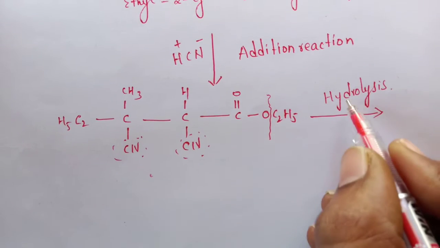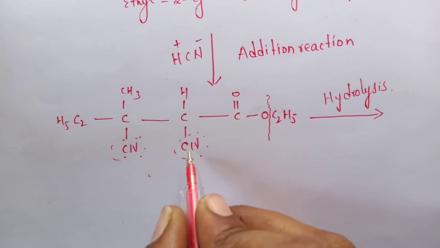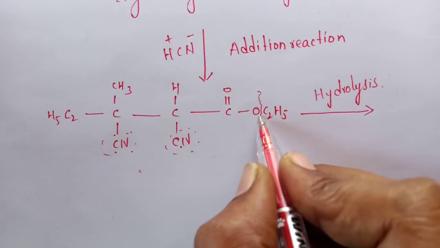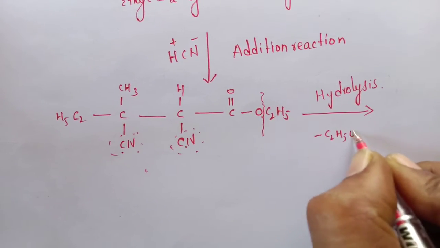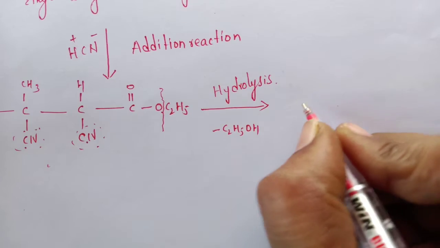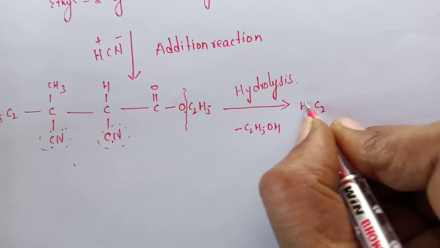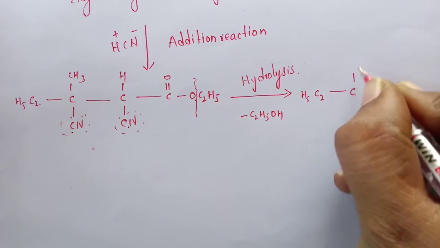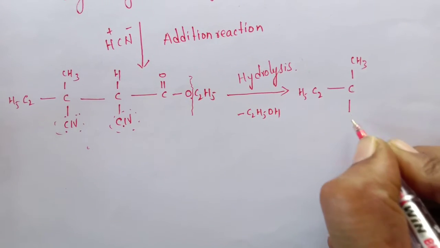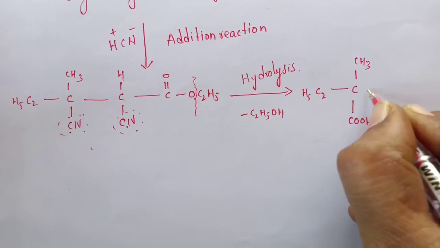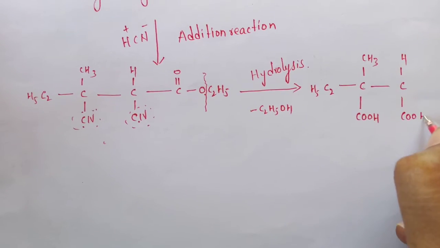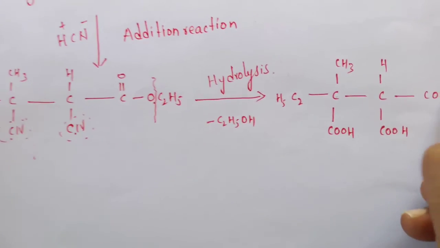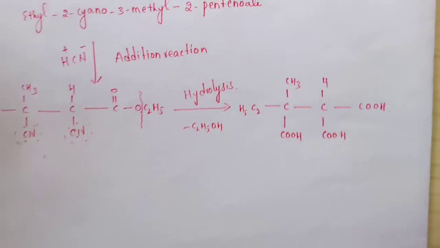So by the hydrolysis step both cyanides are converted into acids, and the ester is also converted into an acid with the loss of an alcohol. Finally it gives a molecule C2H5 CH3 COOH, then CHCOOH, and here also COOH. It consists of 3 carboxylic acids.